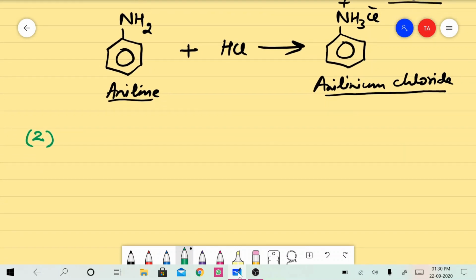The next chemical reaction is reaction with transition metal ions.